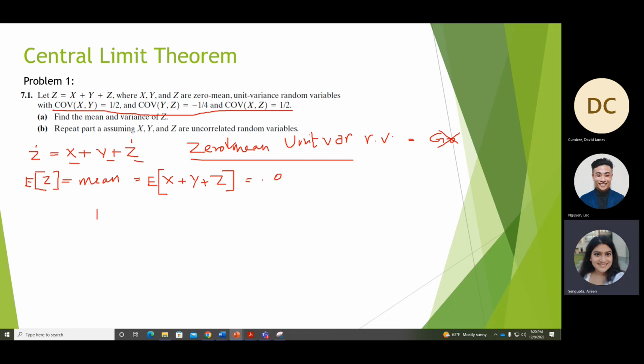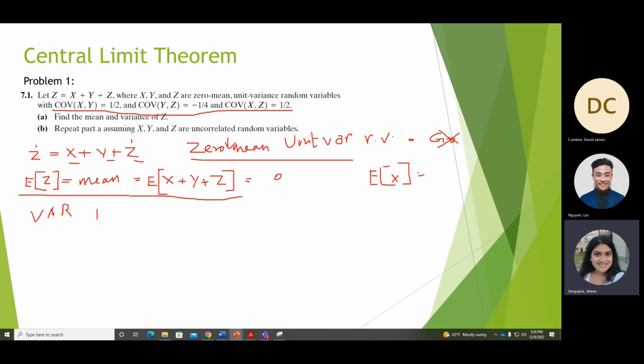Next is the variance. These formulas will always be given at the back of your book. You should not expect me to give you everything, because if I literally give you this entire thing, then you have nothing to solve.